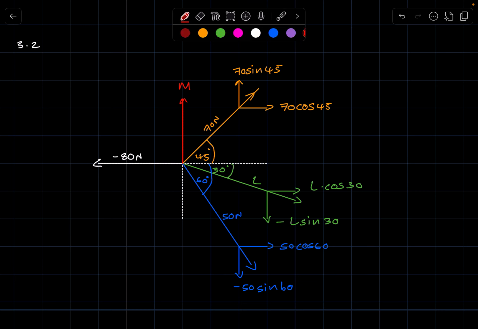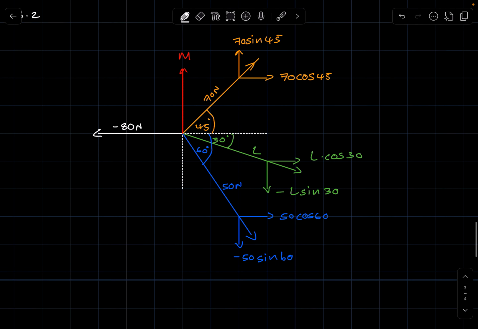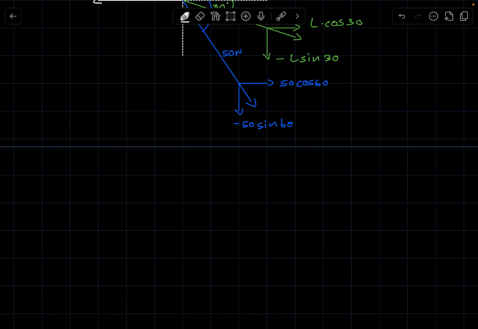right? Now you can apply conditions of equilibrium. So in applying conditions of equilibrium, let's say the sum of forces in the x direction is equal to 0.